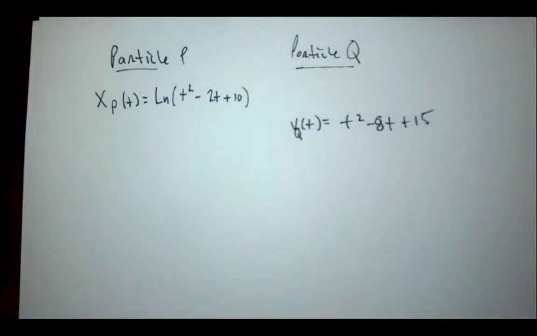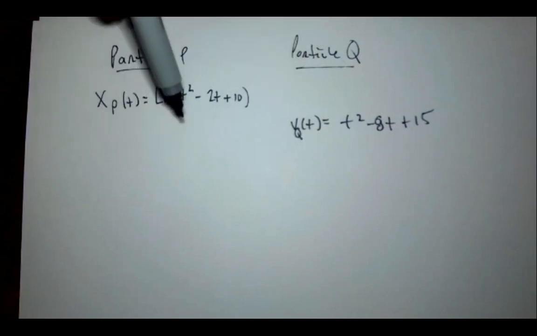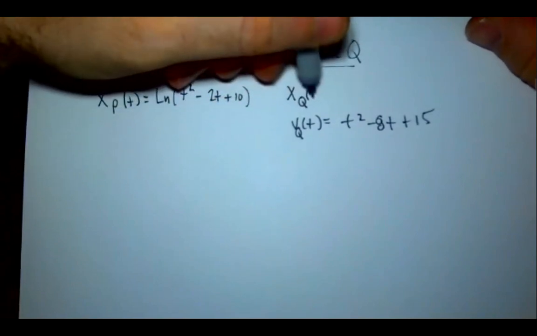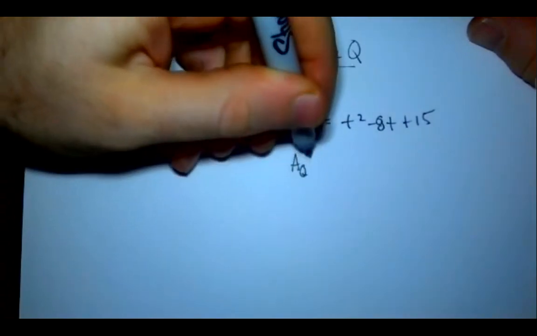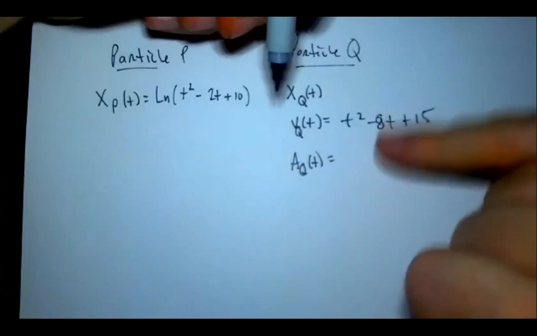All right, so let's turn this off for 1 sec. Based on all the particle motion questions you've done over the last few months, you should probably be thinking, well, I'm going to need these other formulas, such as the position for T, maybe the acceleration for Q at T. If I want the acceleration, I should take the derivative.